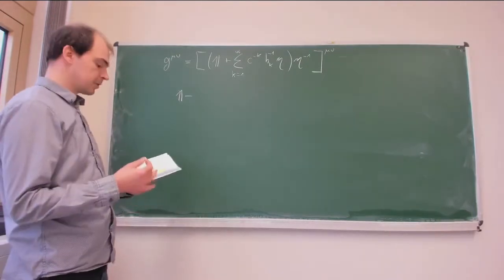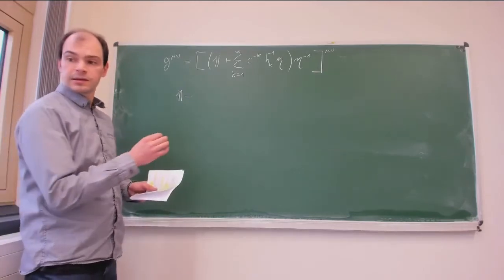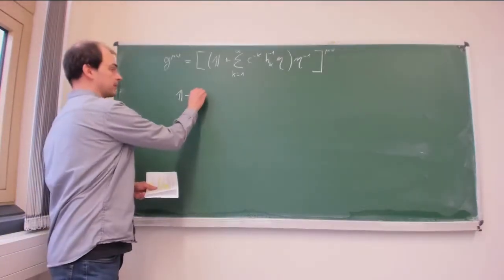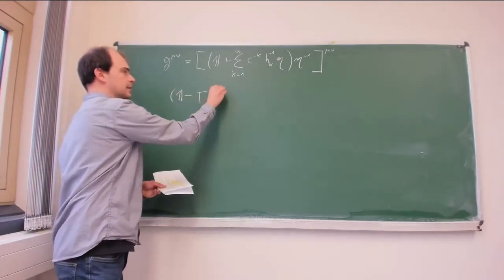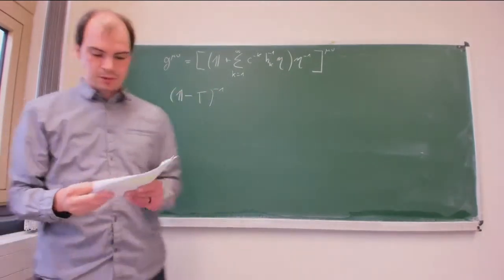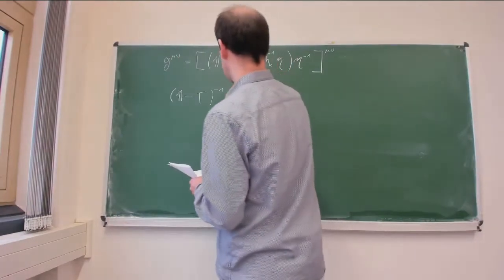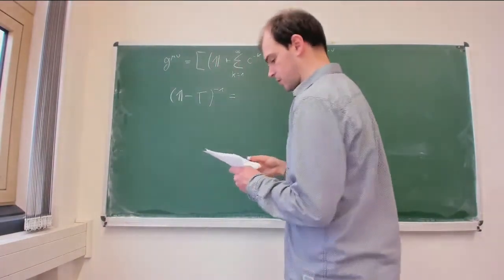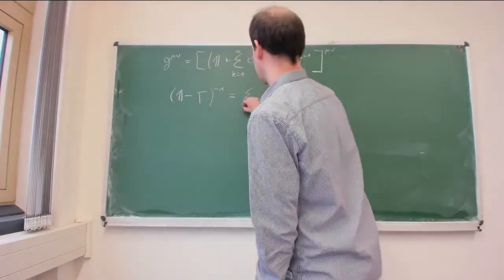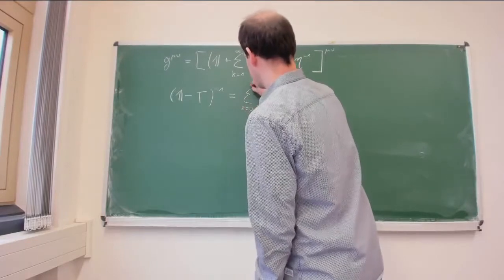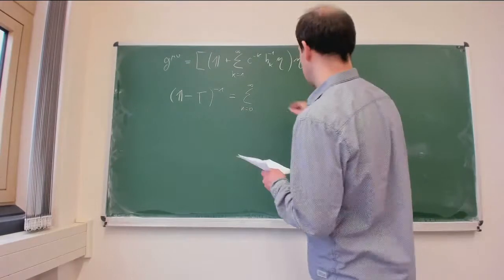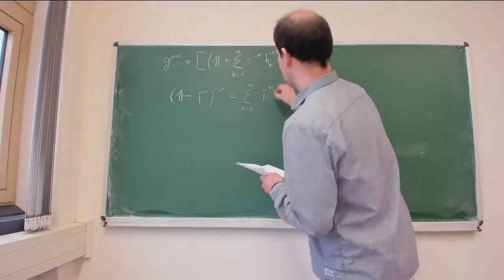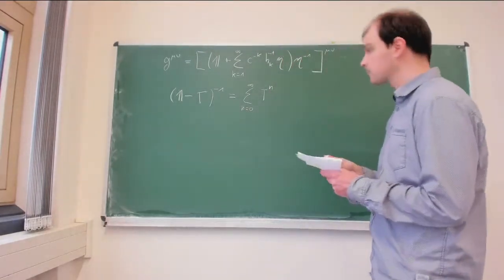Okay, sorry for that. So we can write it as unity minus t for some matrix t. The inverse of this can be written as the following series expression: the sum where n goes from 0 to infinity of t to the power n.